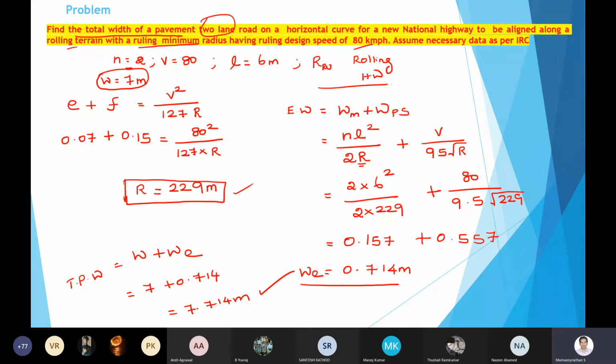So this is the total width of the pavement which we are providing on the horizontal curve by considering the mechanical as well as the psychological behavior with respect to the Indian Roads Congress standard. So this is the complete detail about the extra widening.